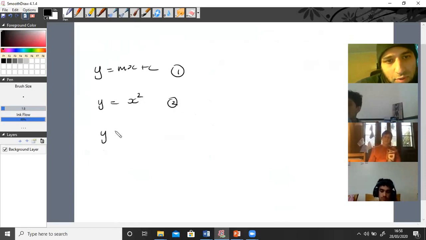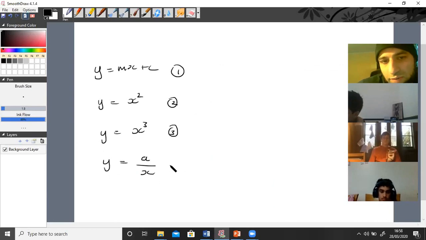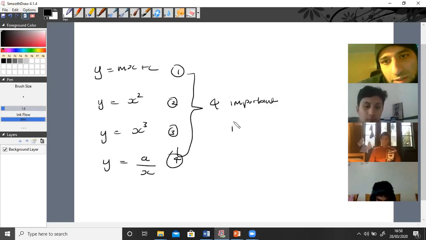We've looked at y equals x cubed, that's number 3. And we've looked at y equals something over x. I call it a over x here, just to give you an example. Those are the 4 functions at GCSE you need to know, yeah? 4 important functions. You need to understand all of them, which we're doing very well.